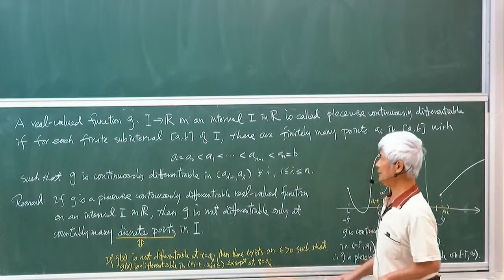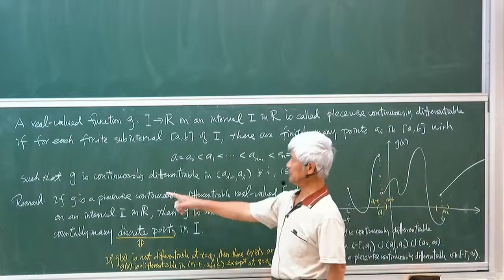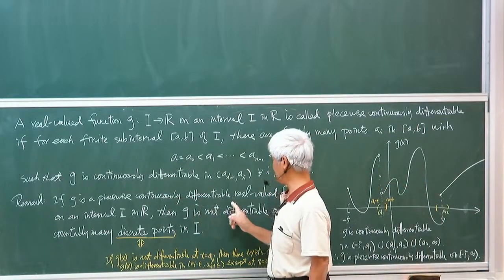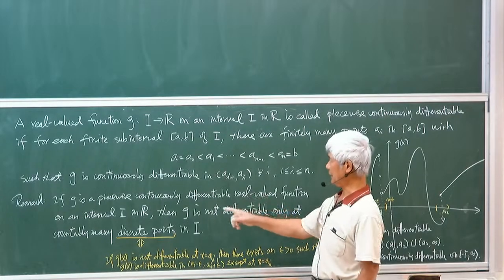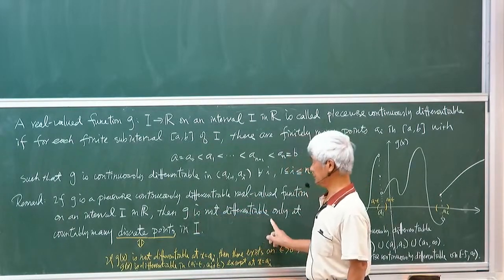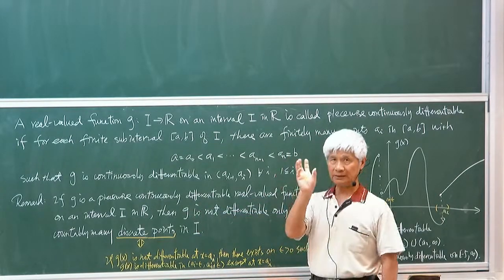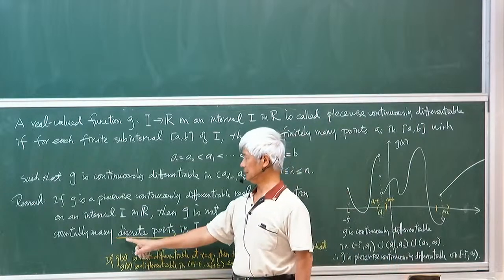And so if g is piecewise continuously differentiable on an interval I, then g is not differentiable only at countably many discrete points.